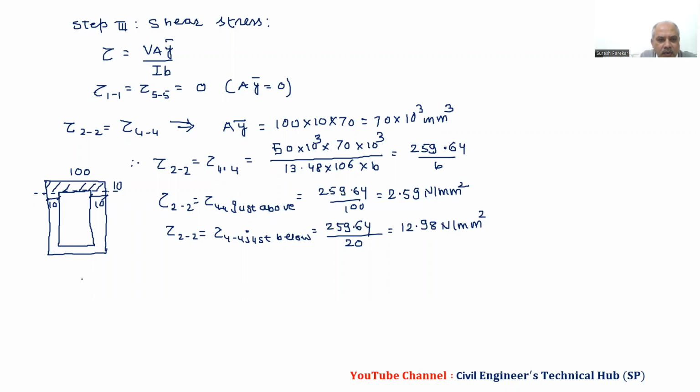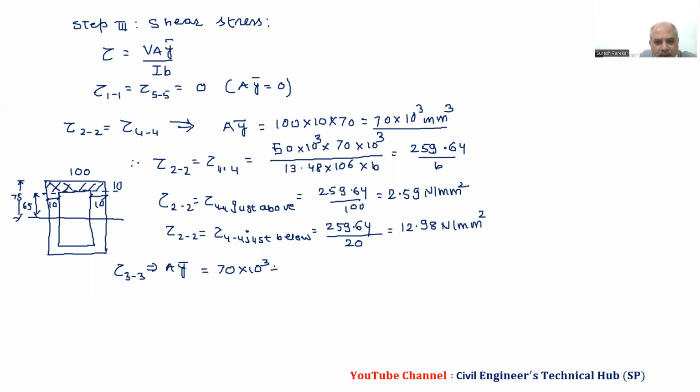Then we have tau 3-3, which is at the neutral axis. The first value of A Y bar remains as it is, 70 into 10 raised to 3. Then we have to consider the remaining portion. Total from this to this is 75, out of which 10 is taken, so this remains 65.